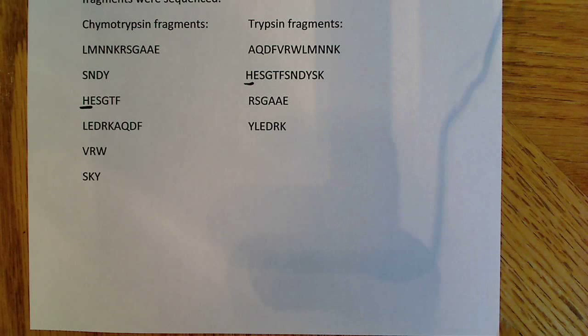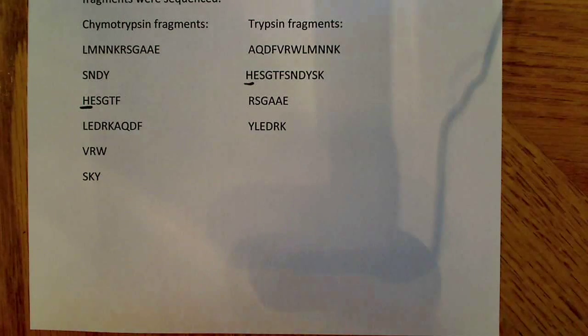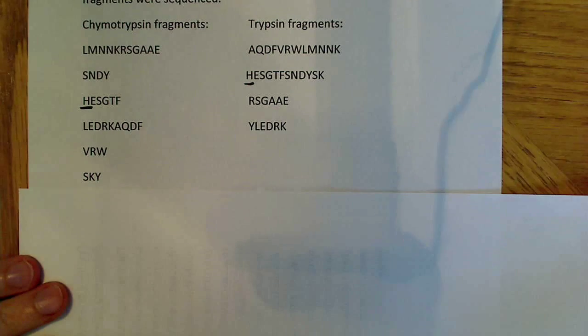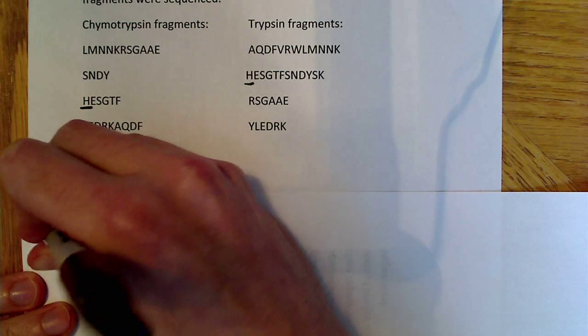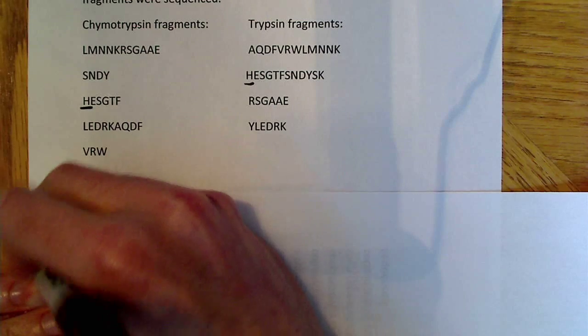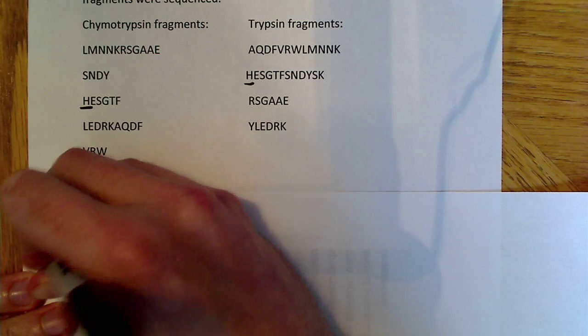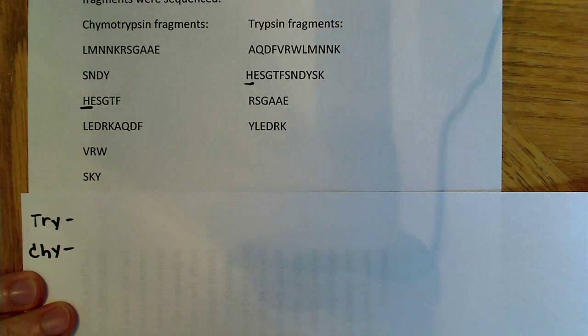And then from there, once you have that, you essentially just want to overlap the sequences. So the rest of the sequences will overlap. What I do with these problems is I write down TRY for trypsin and CHY for chymotrypsin.